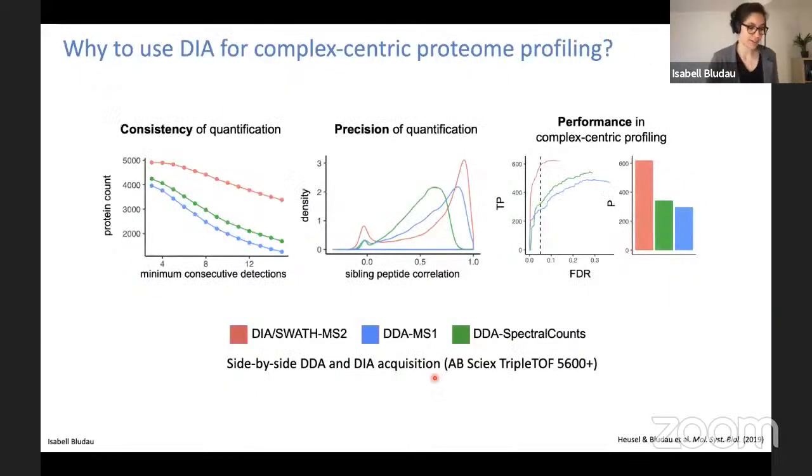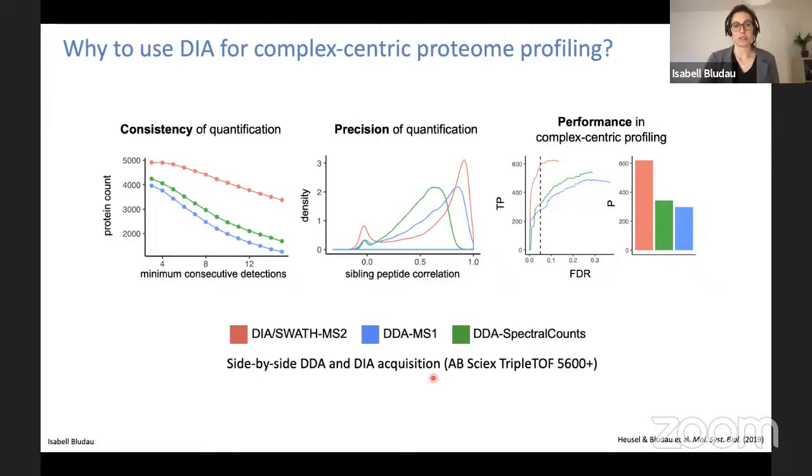Before I conclude this part on SEC-based proteomics, I would like to answer one question: why we actually want to use DIA for complex-centric proteome profiling. The simple answer is that we get both more consistent identification and also quantification.